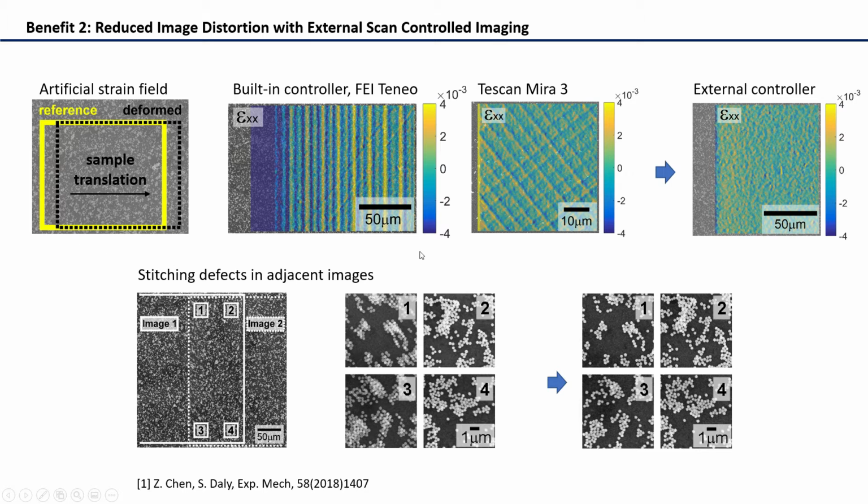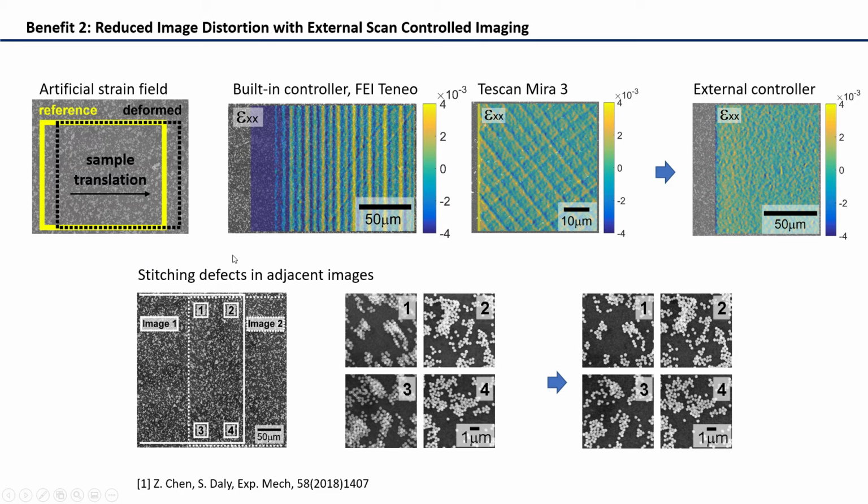However, for images taken on an FEI Tecnai microscope, we observe these vertical lines of artificial strain fields. And for images taken on a TESCAN MIRA3 SEM, we can observe this cross-hatch-shaped artificial strain field. And with the application of an external scan controller, such type of image distortion can be significantly reduced.